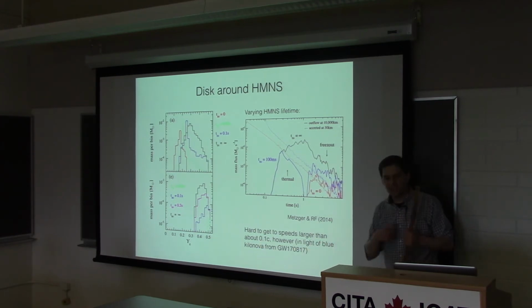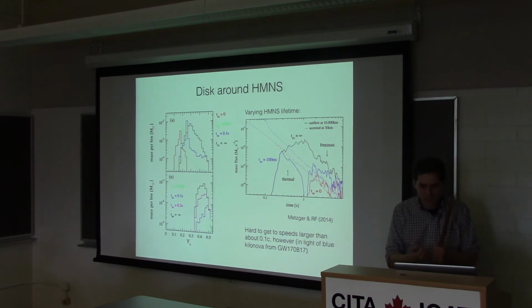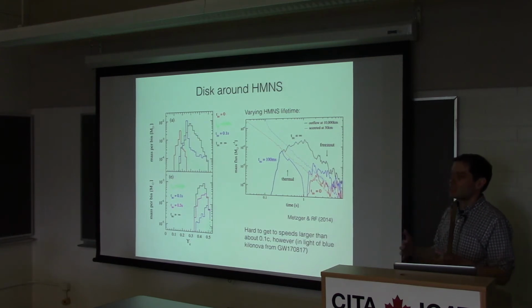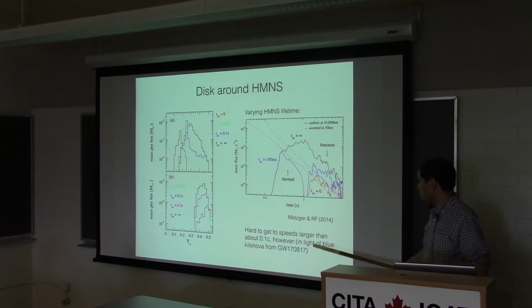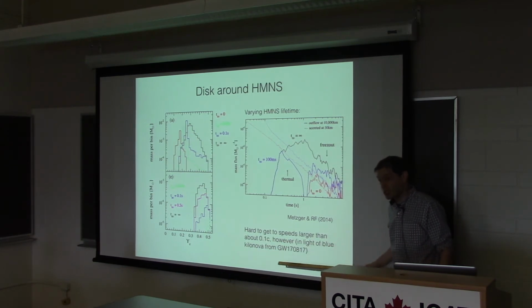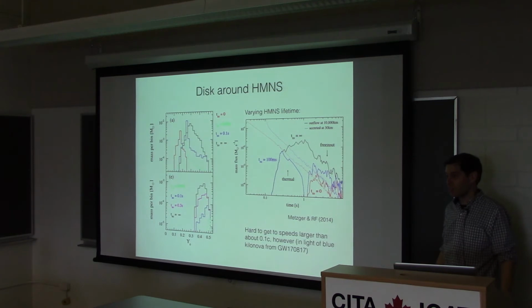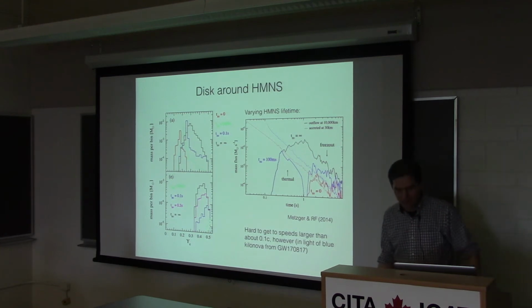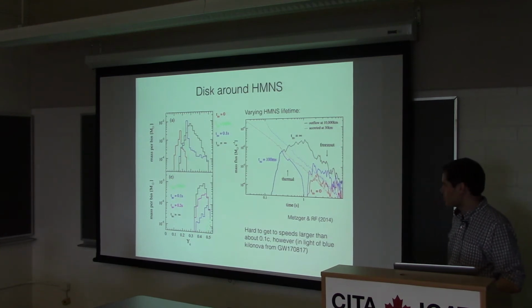It has to do with how much energy we have to inject from the neutrinos or from the viscous heating given the depth of the potential. And if you remember, the blue kilonova from GW170817 had a velocity of 0.2 to 0.3 c. It's a factor of 2. I know it's not too much, but it's difficult just with hydrodynamics to reach the velocities of the blue kilonova that was seen. So that's where we think that magnetic fields can provide maybe the last little push to get us to where we want to be.